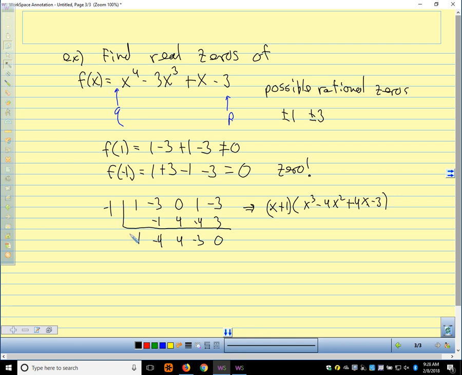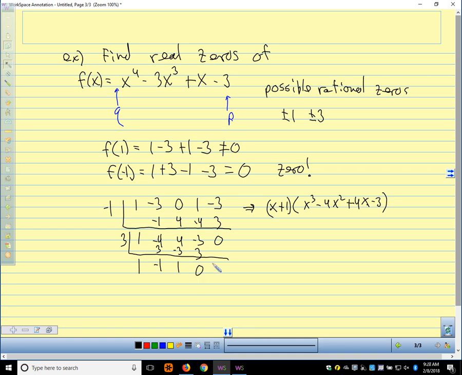So which one should we test next out of our list? 3. Let's try 3. We could try negative 3. We've got to try something. So I'm going to do synthetic division again and see if I get a 0 remainder. So we get a 3, minus 1, negative 3, 1, 3.